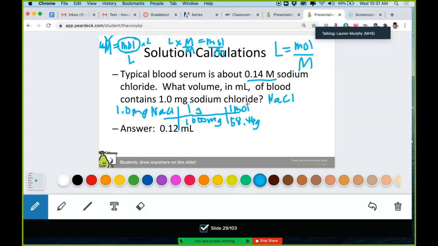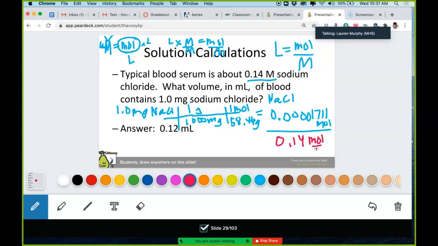So you take 1 divided by 1,000 divided by 58.44, which is 0.00001711 moles, divided by the molarity, which was 0.14 molar, so 0.14. Now I'm going to rewrite molar so you can see the units.